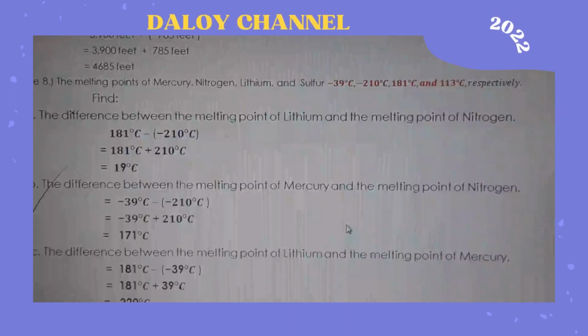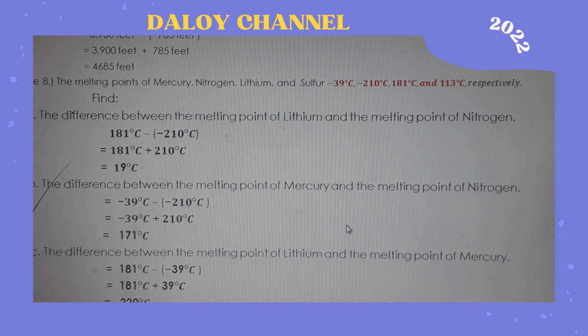Melting points are negative 210 degrees Celsius, positive 181 degrees Celsius, and 113 degrees Celsius respectively. So you are required to find, in letter A, the difference between the melting point of lithium and the melting point of nitrogen.